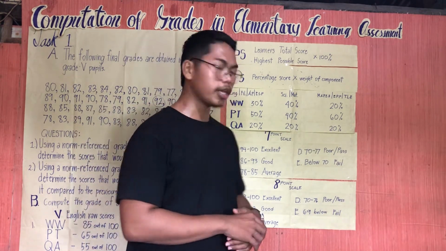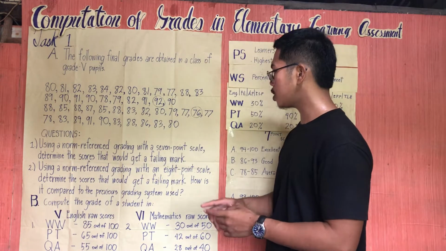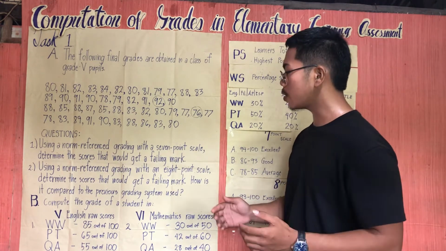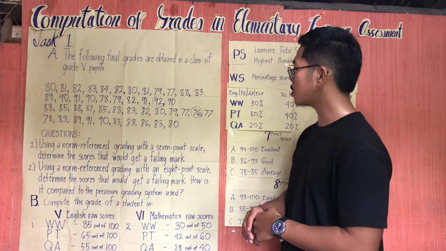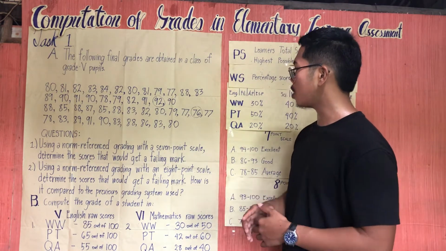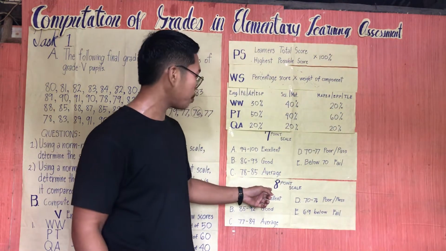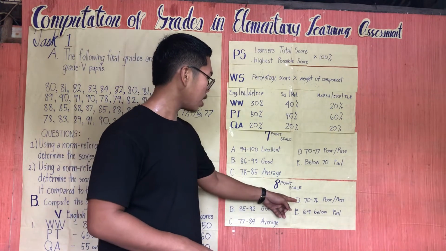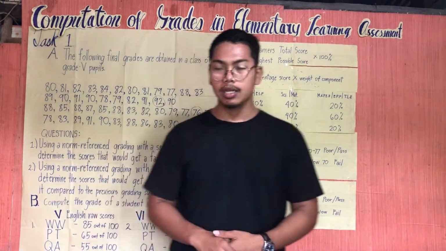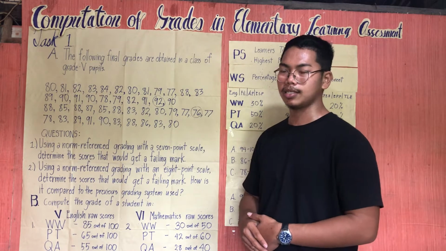Now we will answer question number 2. Using the norm-referenced grading with an 8-point scale, we can conclude that no one in grade 5 gets the failing mark, because 76 is the lowest grade, and in the 8-point scale, according to section D, 70 to 76 is poor or pass. Therefore, 76 is still a pass.